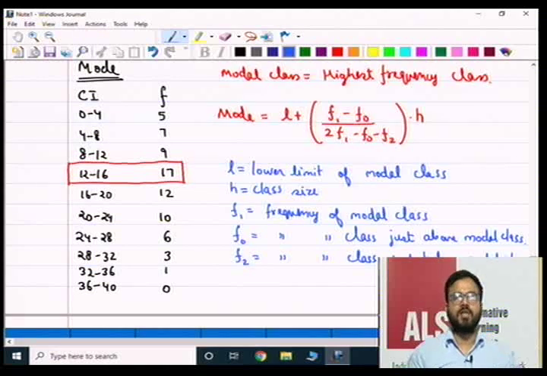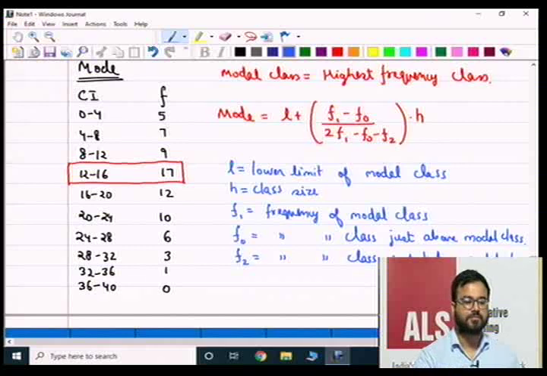These are the variables. F1 is the frequency of the modal class, F0 just above that, and F2 just below that. So note down this formula first of all.